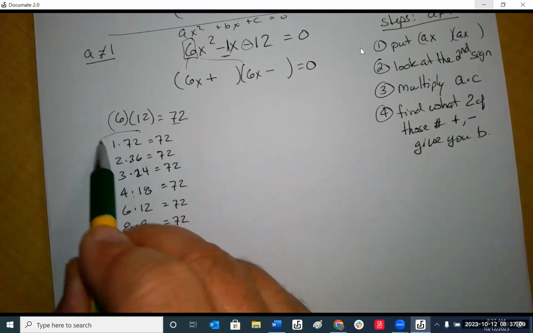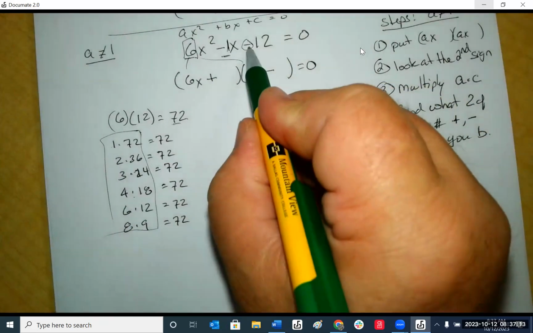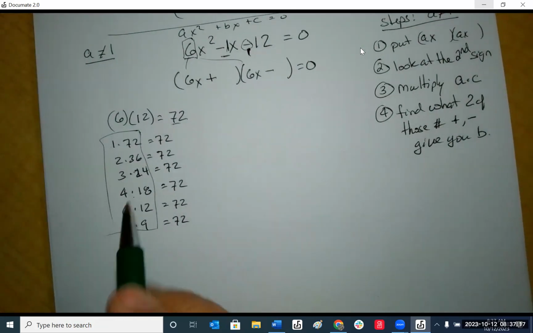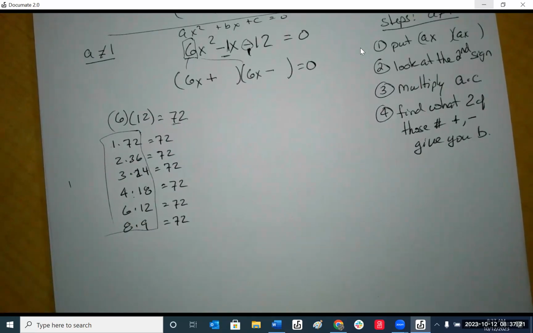So now we look at these numbers here. Since it's a minus, when you subtract these, which one of these equals 1 when you subtract them? 8 and 9. So our numbers we know are 8 and 9.